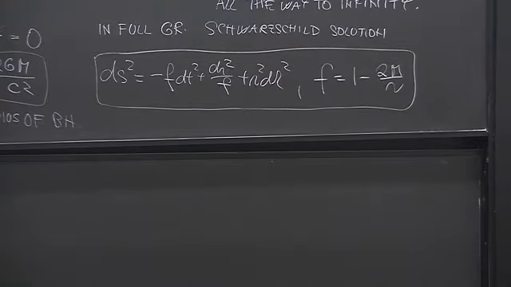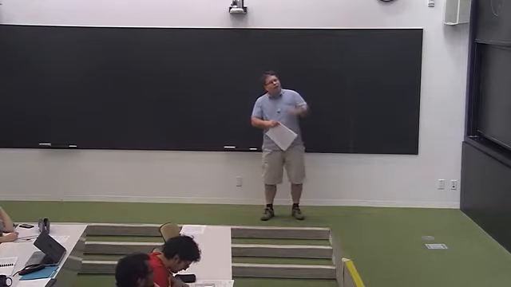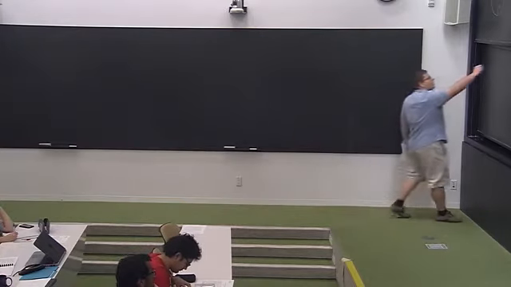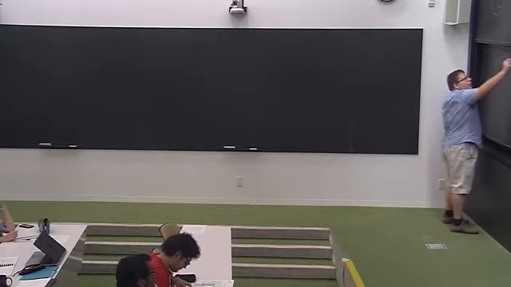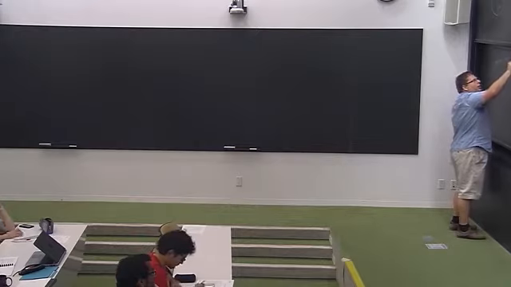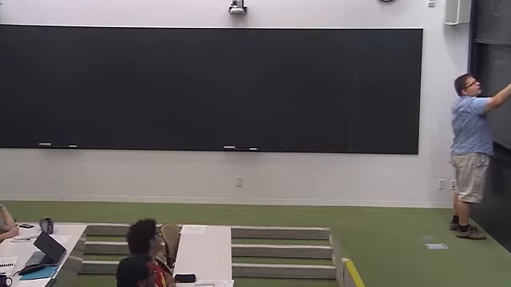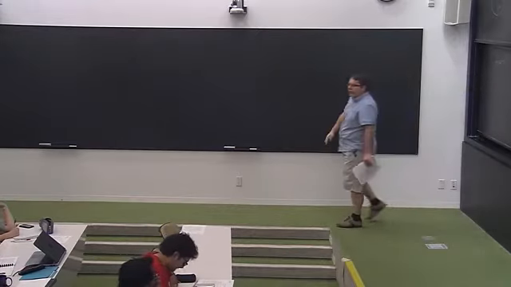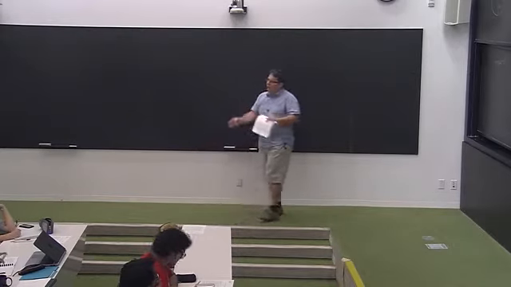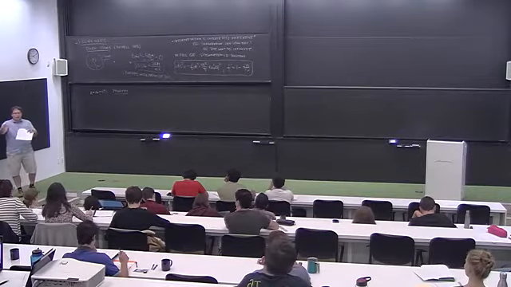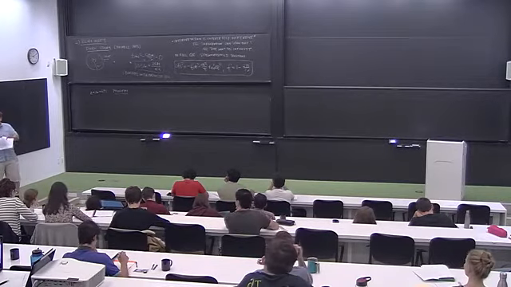So people were happy to use this solution for stars and planets and so on, because they knew that whatever is happening at r equals r plus equals 2m, which is a problem, is hidden underneath the star surface. And so this metric really doesn't apply there. I have to use a different solution. I have to use the interior solution for the star, where there is some matter. And so they were not bothered by that.